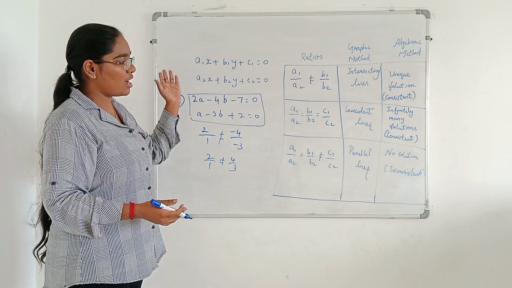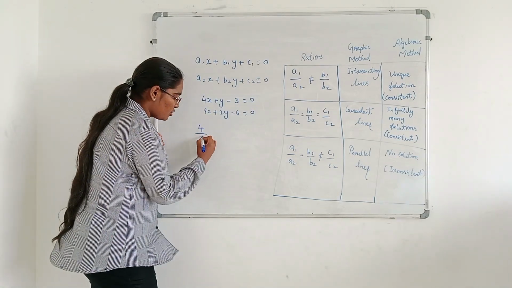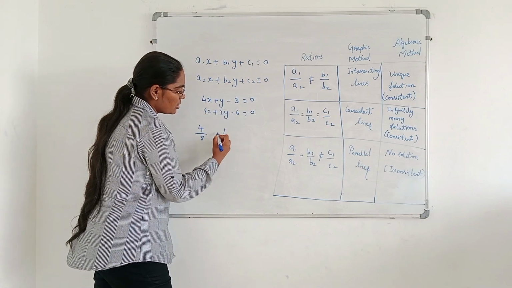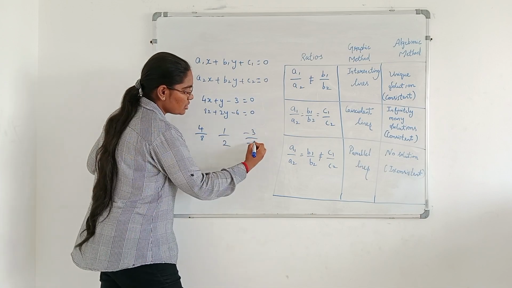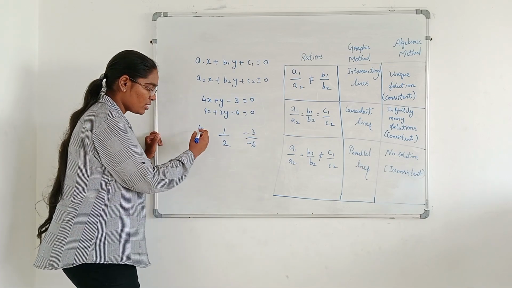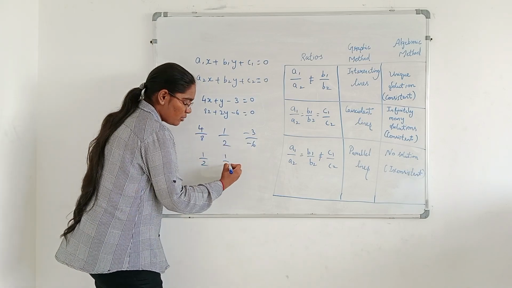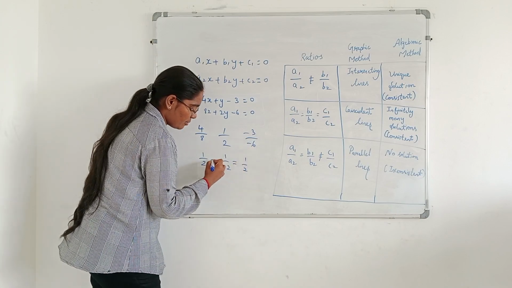Now we can see another example. For this example, a1 is 4, a2 is 8, b1 is 1, b2 is 2, c1 is minus 3, c2 is minus 6. So 4 by 8 can be simplified as 1 by 2. Here 1 by 2. Minus 3 by minus 6 is further simplified as 1 by 2.